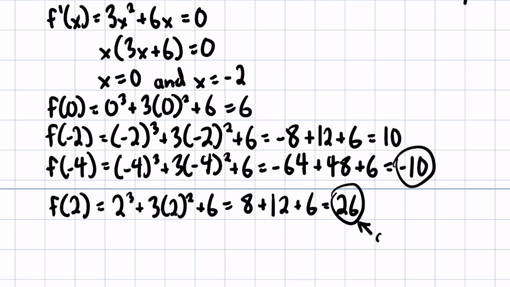So 26 is going to be our absolute maximum, and -10 is going to be our absolute minimum. Now notice that both of these are at the endpoints, and so they are not going to be local maxima, just absolute.